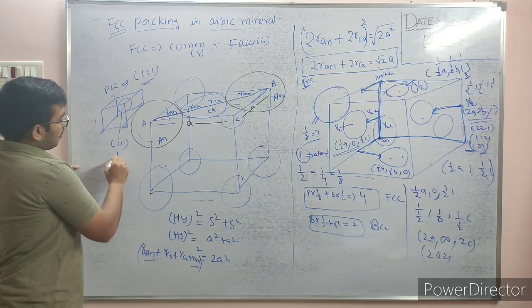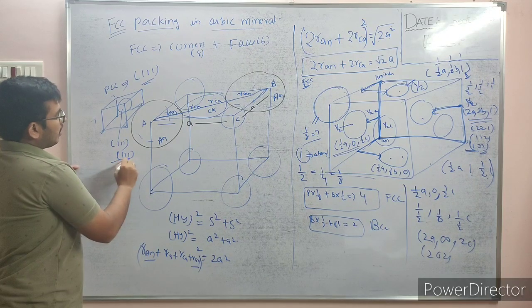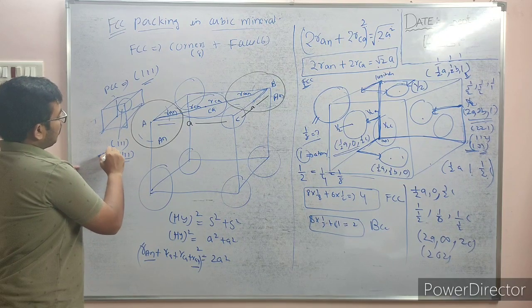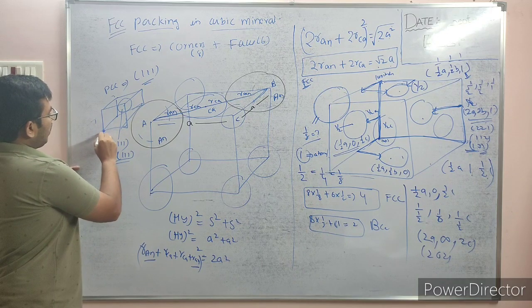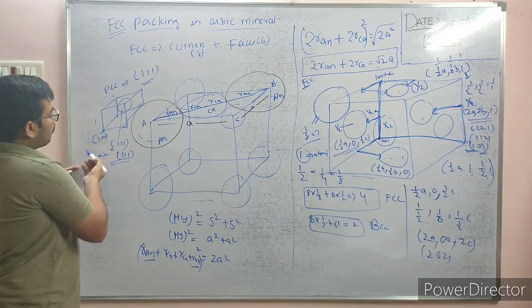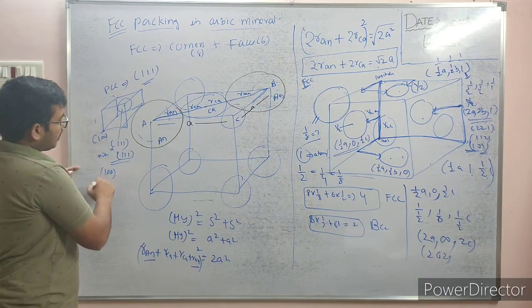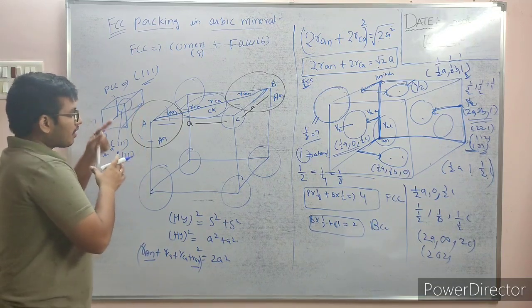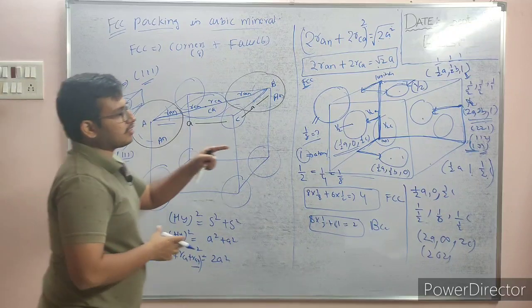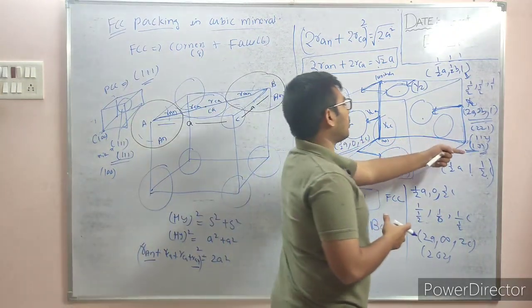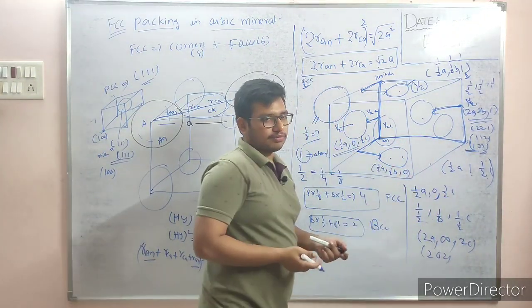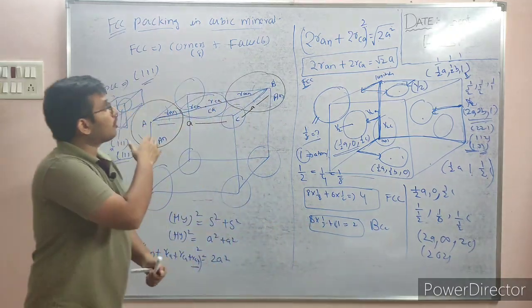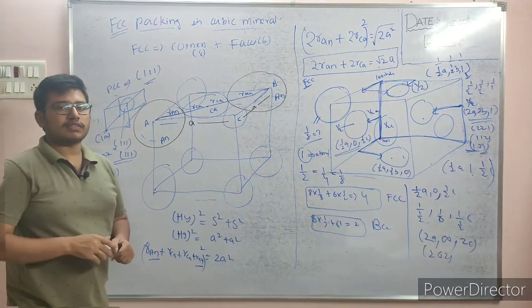If you take the reciprocal, then also 1 1 1. The Miller index will be the same for this form. And if it is 1 0 0, the reciprocal is also 1 0 0, the same thing. The same values will come for the Miller indices, but for the face centered, different values will come: 2 2 1, 1 1 2, 1 3 1, like this. Okay, this is about FCC packing in cubic minerals.